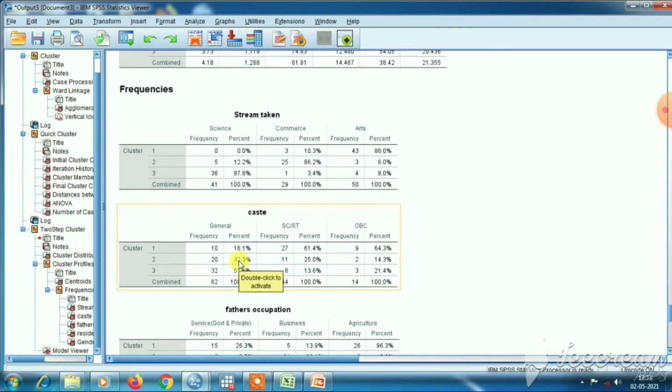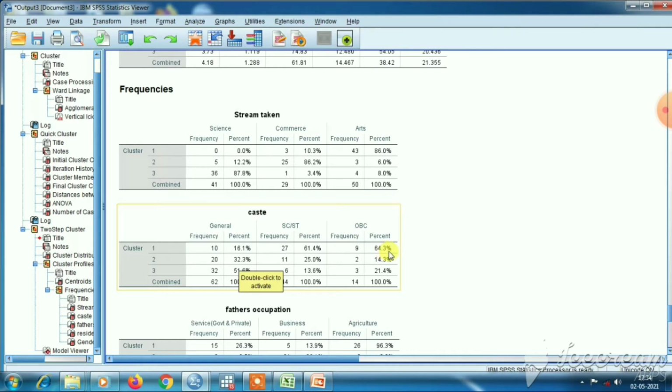And 32% are SC/ST and 16% are OBC. Similarly, SC/ST is 61% in cluster 1. So cluster 1 consists of the majority of participants from the reserved category SC/ST, with 25% in cluster 2 and 13% in cluster 3.